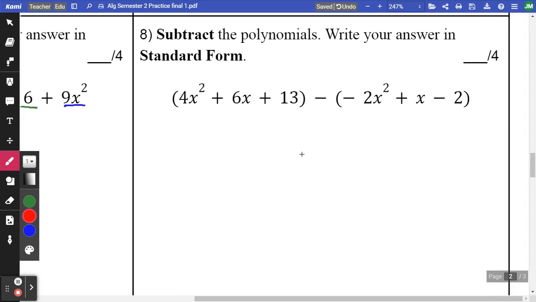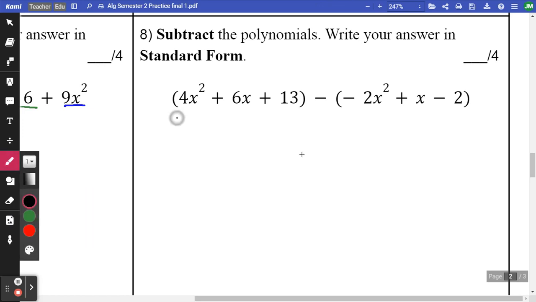All right, number 8, subtract the polynomials, write your answer in standard form. So here we have 4x squared plus 6x plus 13 minus a negative right here, 2x squared plus x minus 1 minus 2. So the first thing I need to do is turn this into an addition problem.